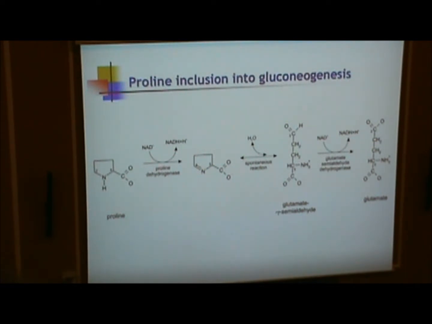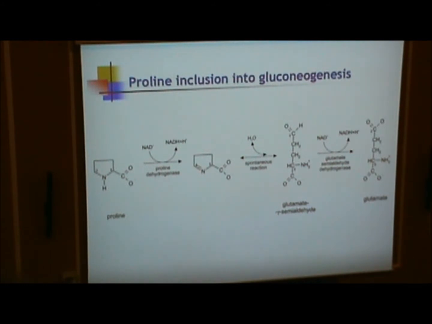The proline is converted into dehydroproline. Then in a spontaneous reaction with participation of a water molecule, the dehydroproline converts into glutamate gamma semialdehyde. This is glutamate gamma semialdehyde. It has an aldehyde group and a carboxylic group. Therefore, it's called semialdehyde.